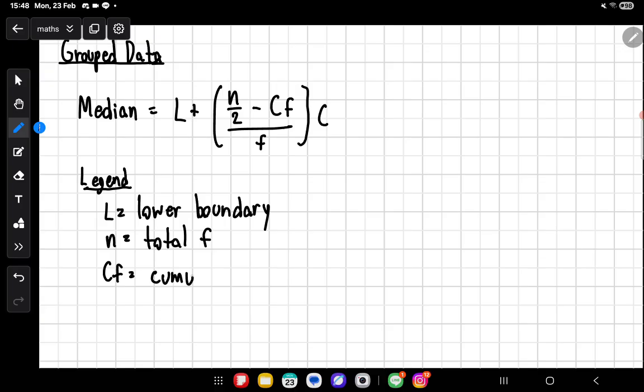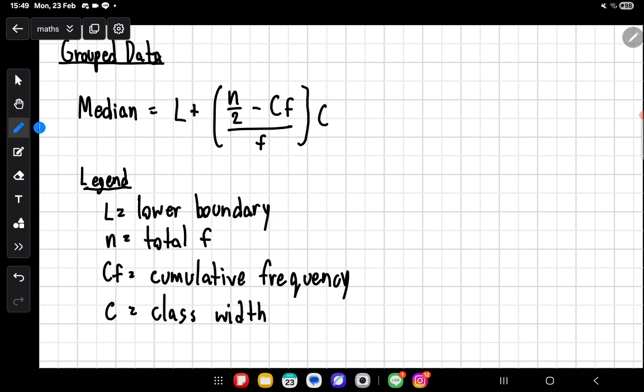For now, see the denotations for the basic meanings of each. I'll also talk more about the cumulative frequency later. So C is the class width, and finally F is the frequencies of the n divided by 2 class.